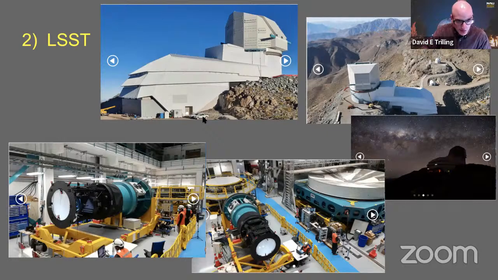To give you a sense of the size, here's 2 trucks parked at the bottom. Here's a door. Here's the porta potty right here. So you can tell this is a very large building. In the top right image, again, it's the same structure now seen as the drone footage from onto the other side. You can see the cranes working to construct the building. Way in the corner, here's Gemini South, and here's SOAR sitting at the edge of the ridge.